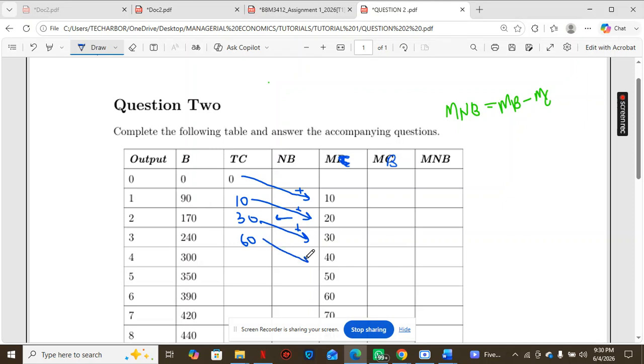Then you're going to say 60 plus 40, that will give you 100.